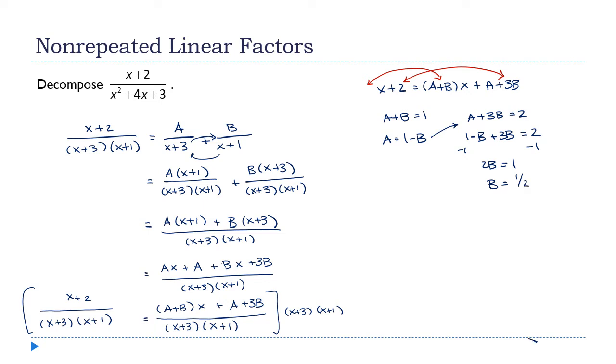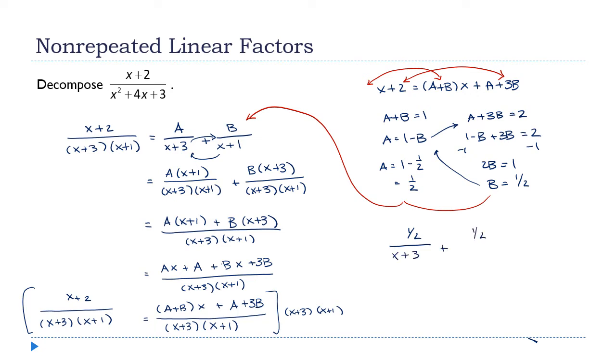Right, now take this, put it back into that original one there. a equals 1 minus 1/2, which is also 1/2. That answers my question. Take these a and b values, put them back into there, and I get my answer. 1/2 over x plus 3 plus 1/2 over x plus 1. But please don't leave it there. Let's clean this up a little, just to fix the fractions.